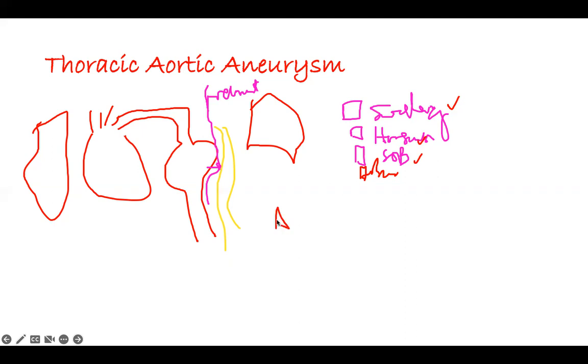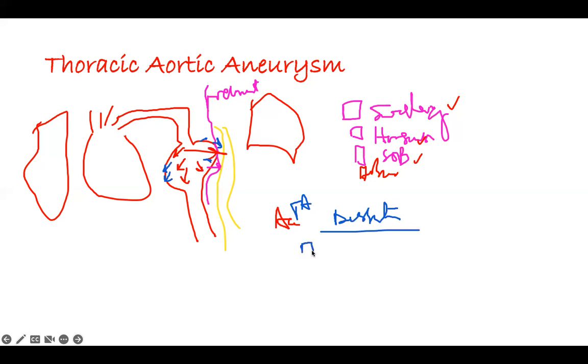What I want you to know is that because of this pressure and the turbulent flow of blood, the aneurysm can rupture or do something we call dissection. Dissection means it can rupture, with blood trying to leak, but it's not completely leaking. It's leaking into the wall slowly, slowly, slowly before a full rupture. So usually we call it a thoracic aneurysm dissection.